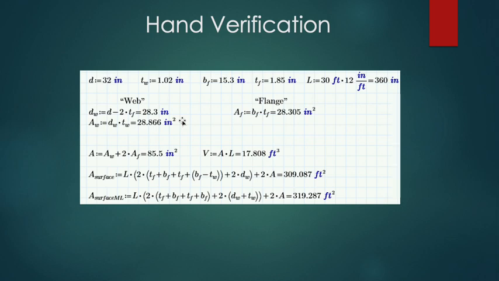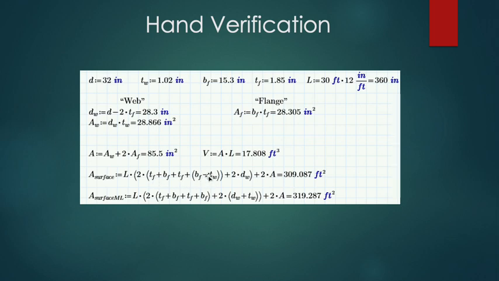Moving into the hand verification, this is where I started to see that there were probably some issues with my code, mainly in the surface area, which is right here. So I did the flanges minus the surface of the web.